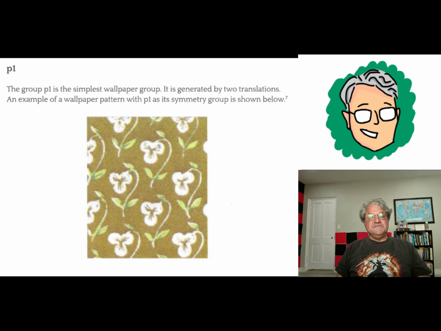So there's 2 periods. Every lattice has 2 periods, but these are the only symmetries. There's no mirror symmetries, no rotation symmetries, and no glide reflection symmetry. Just 2 translations. So that's the bare minimum that a wallpaper group can have.